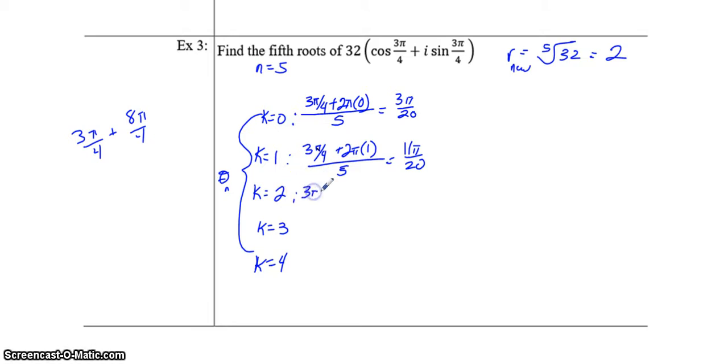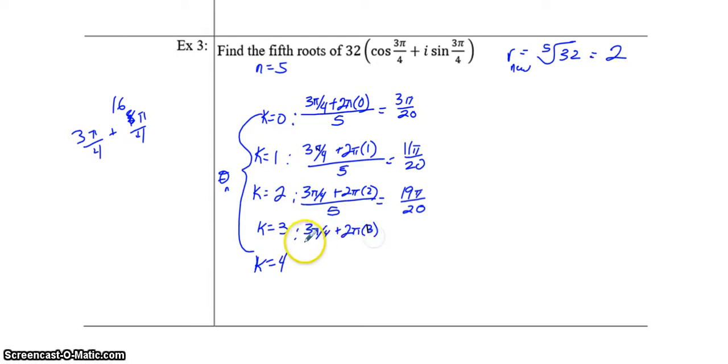So 3 pi over 4 original plus 2 pi times 2, over 5. So that's 4 pi. Well, 4 times 4 is 16, plus 3, over 4 times 5. Do the same thing with the 3 then.